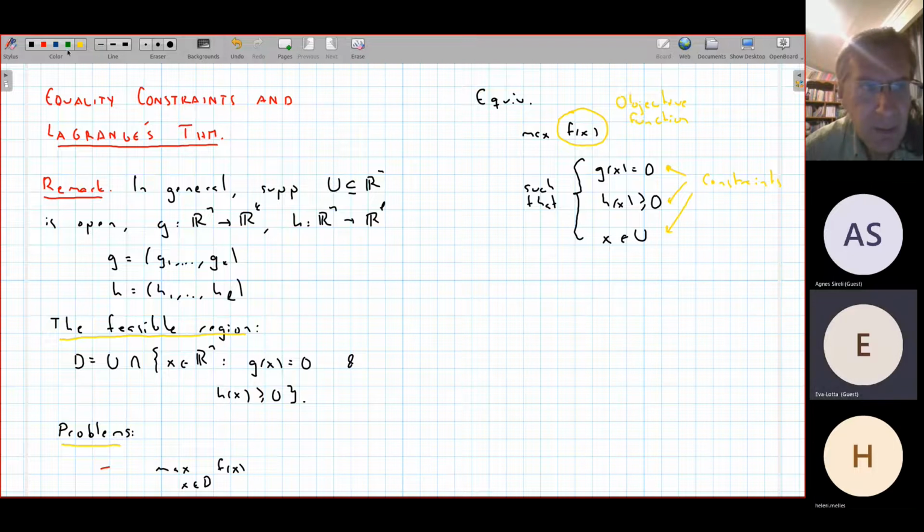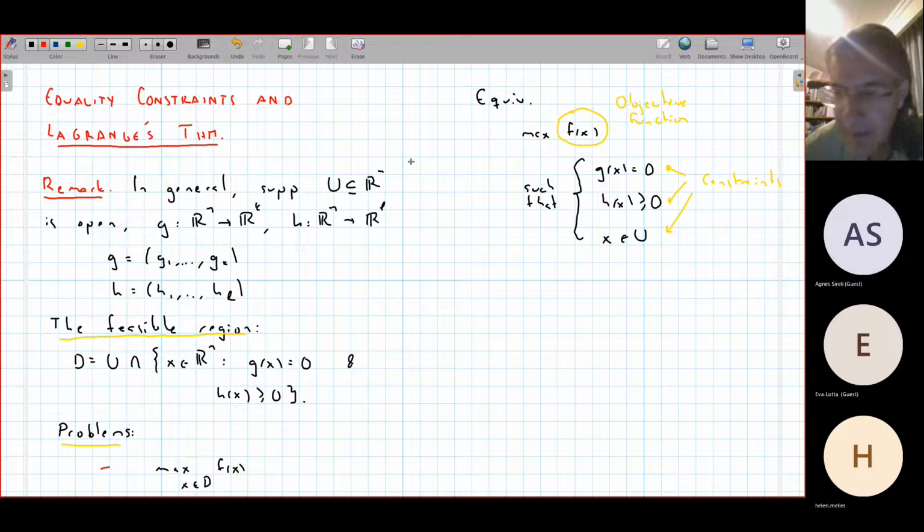So it's very similar to the problems we solved last year, right? That's right. In general, you can have identity constraints or inequality constraints, and it's not the same kind of techniques that work for both conditions. But this is what we would like to do ultimately, solve these type of problems.